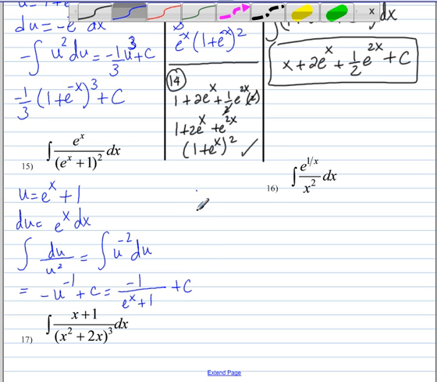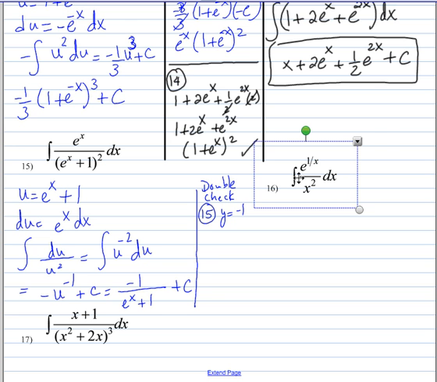Double check by taking the derivative. So the derivative of, rewrite this as an exponent and use chain rule. So this is really -1 times e to the x plus 1 to the -1.